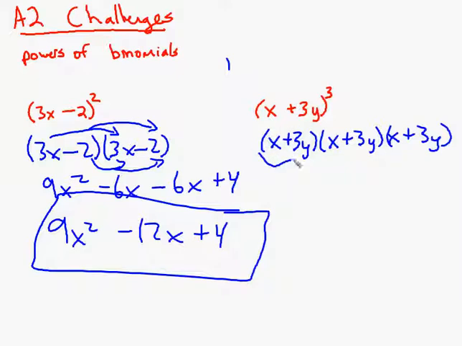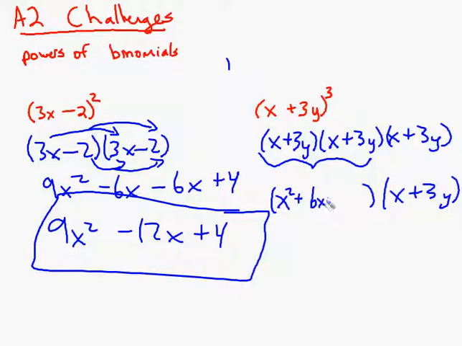So I'm going to do this part first, and I'm going to leave that, and I'm going to make sure I put my answer in parentheses because I am multiplying. I want to maintain that multiplication. So in the end, I'm going to get x squared plus 6xy plus 9y squared by multiplying all that out. And now I'll take this times both of those.